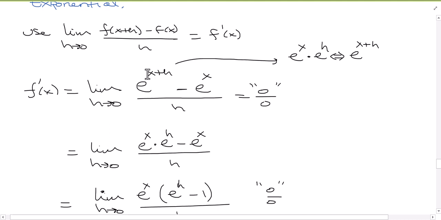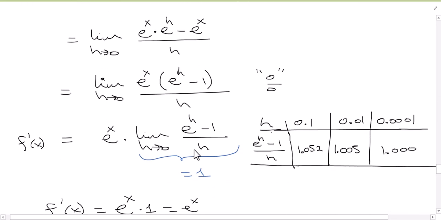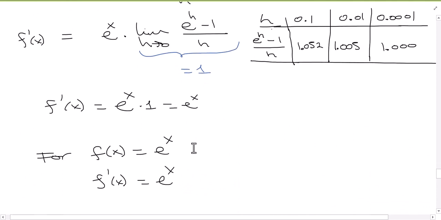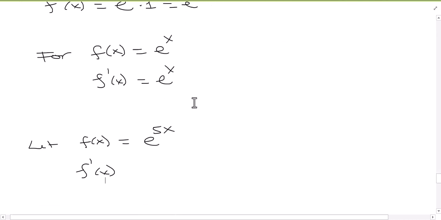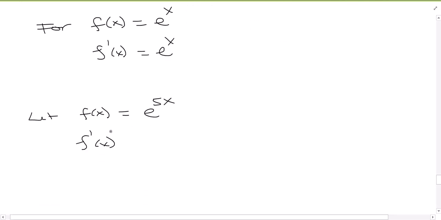So this will look like e to the 5x plus 5h. Everything will look the same, and then this limit is still going to go to, is it going to go to 1? I guess not. This is now going to go to 5. So this is going to be 5 times e to the 5x.